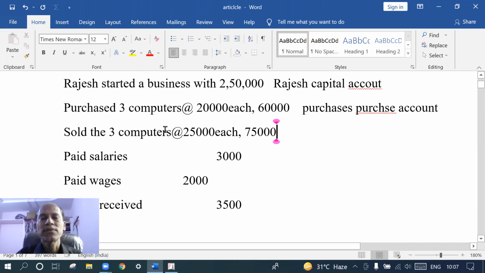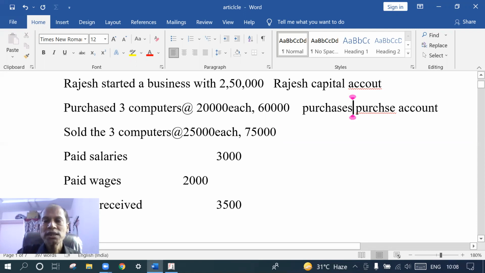Only one item is taken, that is computers. Understand carefully: computers is not the ledger, but purchases are the ledger.